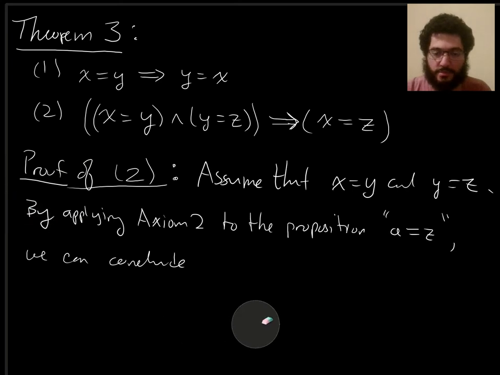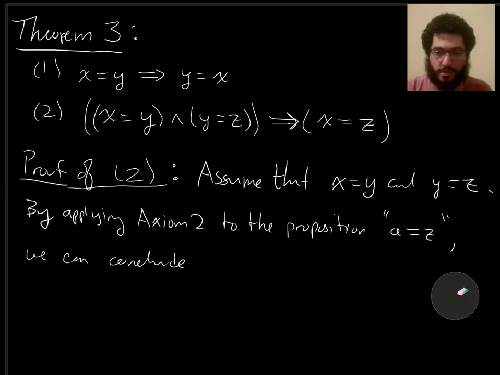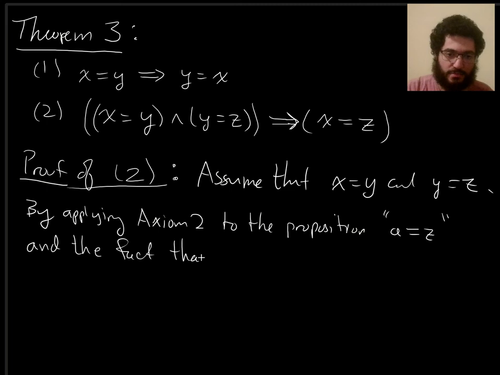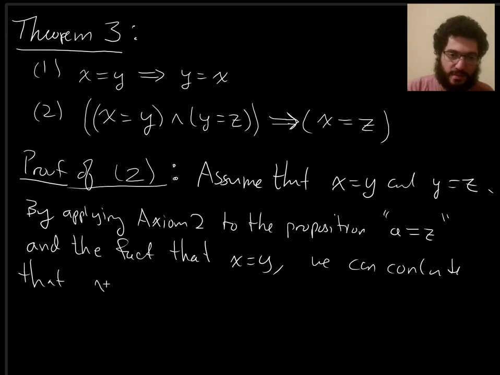Before I say we can conclude, I should also mention this important fact: axiom 2 requires us to have x equals y. So by applying axiom 2 to the proposition a equals z and the fact that x equals y, we can conclude that x equals z if and only if y equals z.